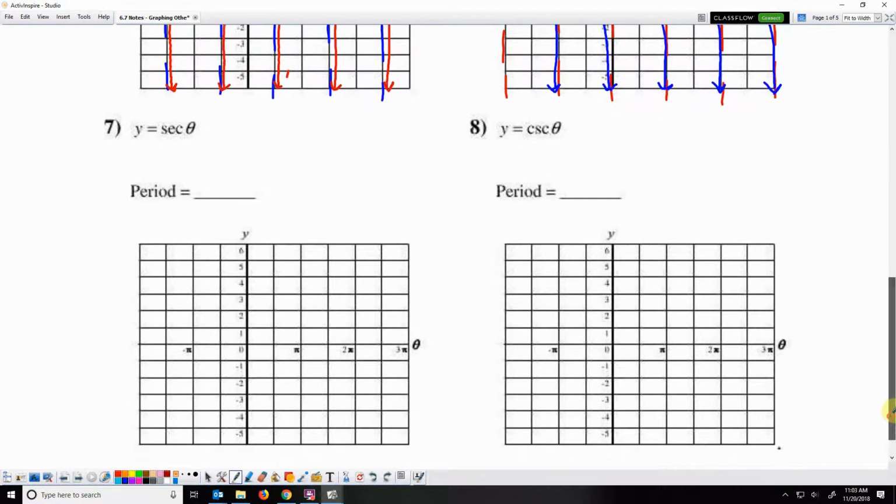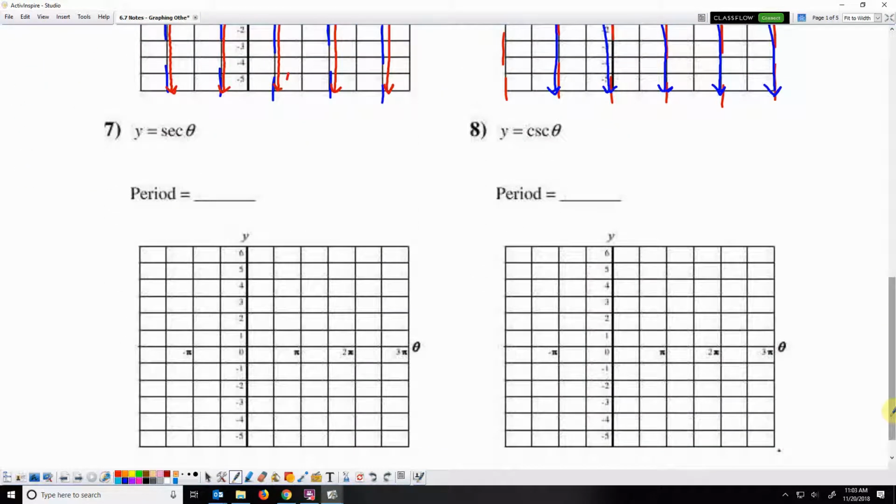So the next graph we will do is a secant graph. Y equals secant theta, which is 1 over cosine theta. So cosine theta cannot equal 0. So we'll graph a cosine graph starting at the vertex.